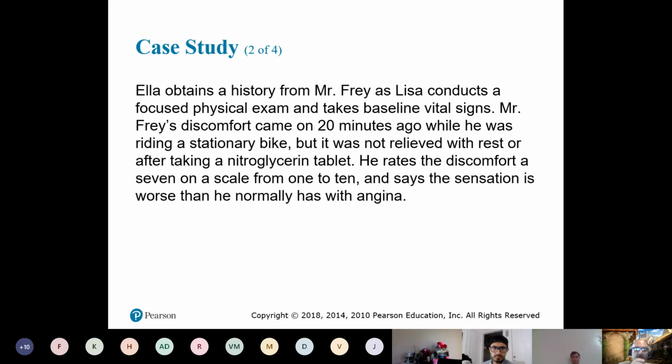So is this provoked? Could have. Because he was exercising on his bike. So it was provoked.